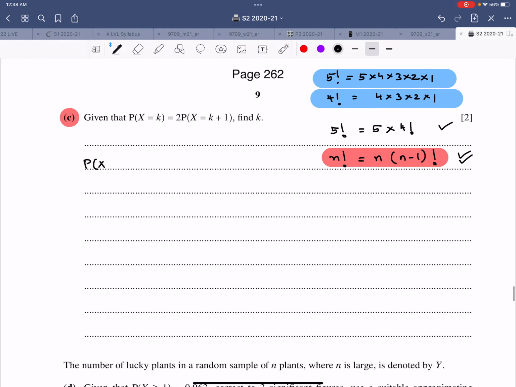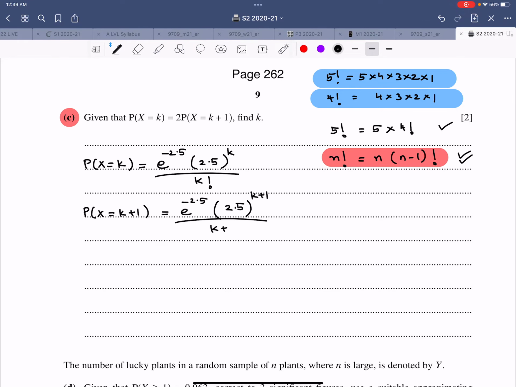Probability x is equal to k. That is e raised to the power of minus lambda, so that is e raised to the power of minus 2.5, 2.5 raised to the power of k over k factorial. That is the first working. Probability x is equal to k plus 1. K could be any integer. So therefore this is e raised to the power of minus 2.5, 2.5 raised to the power of k plus 1 divided by (k plus 1) factorial.